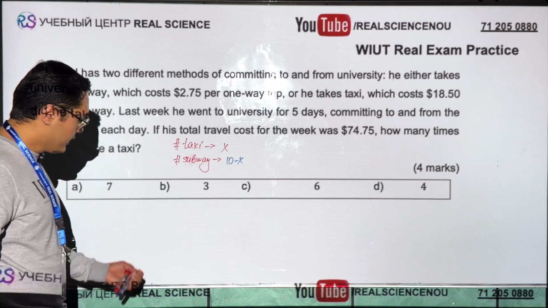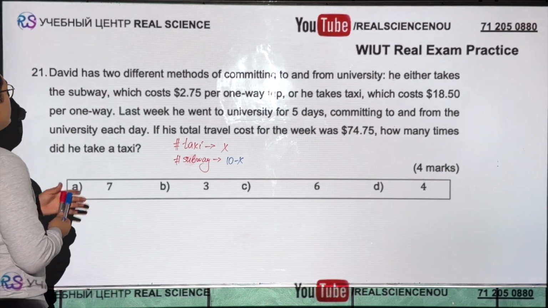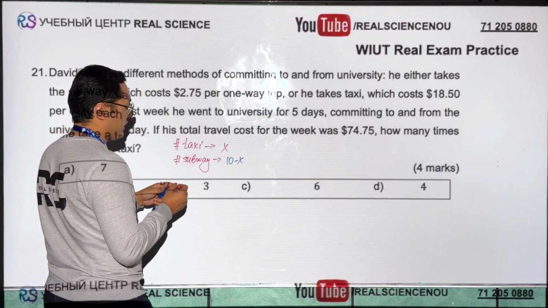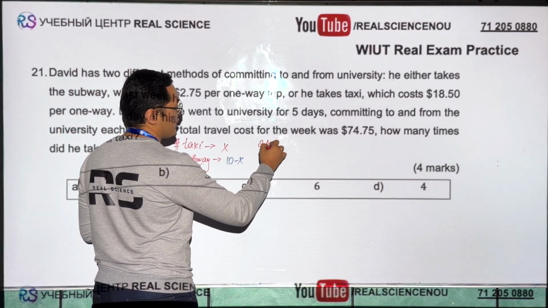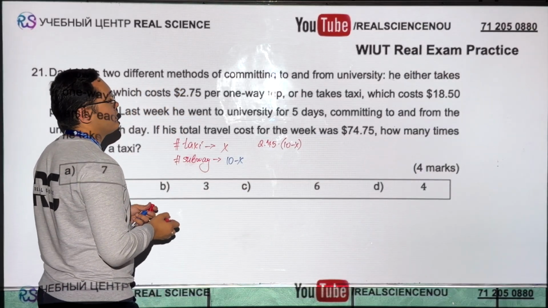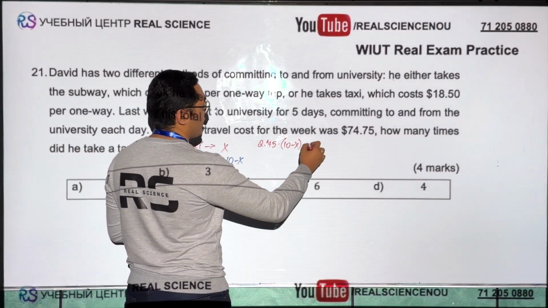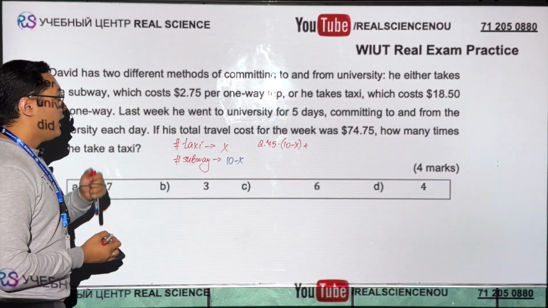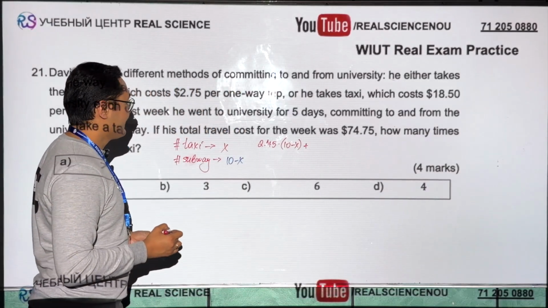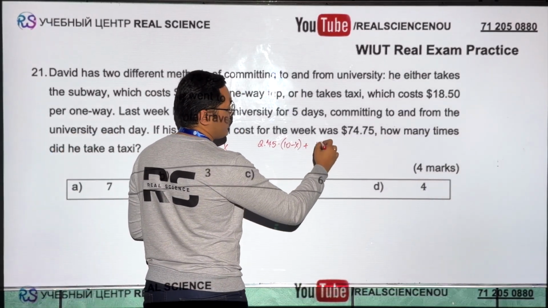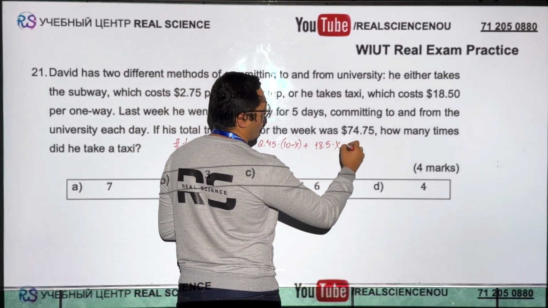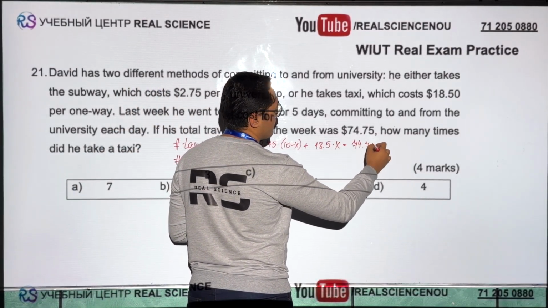Now if we do this, the subway costs 2.75, so that's going to give us 2.75 times the number of times he used the subway, plus 18.5, the cost of taking a taxi, times x is going to give us the whole amount, 74.75.